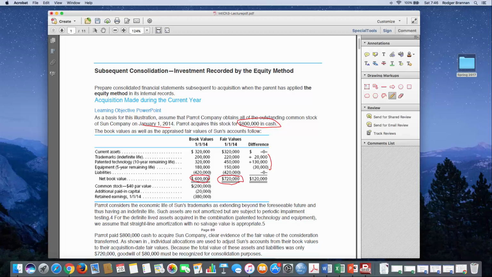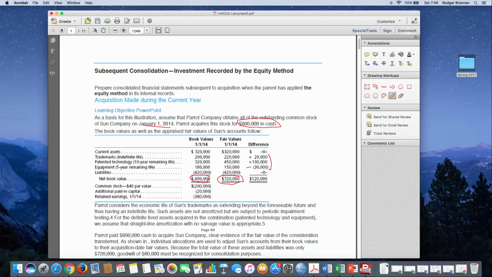So buried within that $800,000 is the fact that Parrot is recognizing that the fair market value of the patents is $450,000. Now you also have this kind of strange situation here where the equipment could be overstated. So it's going to have to be written down, which is a little bit of an unusual situation, but with assets, a lot of things can happen.